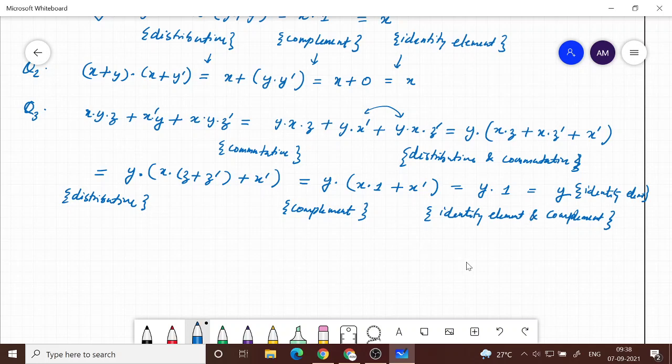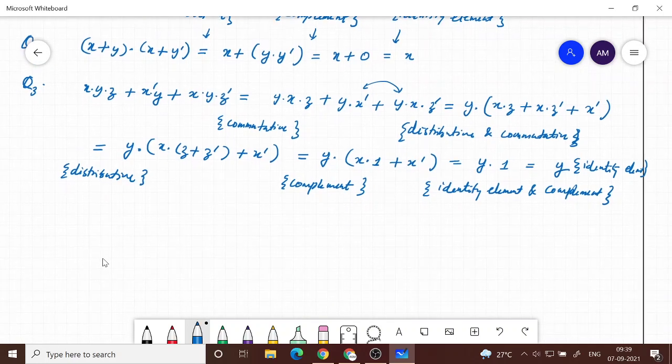You just connect the output directly from the y input, because it doesn't depend upon x. It is entirely decided by y, which is equal to y. So if you don't simplify, what would happen is you have to have 3 input AND gates, then 3 input OR gates, which is really unnecessary.